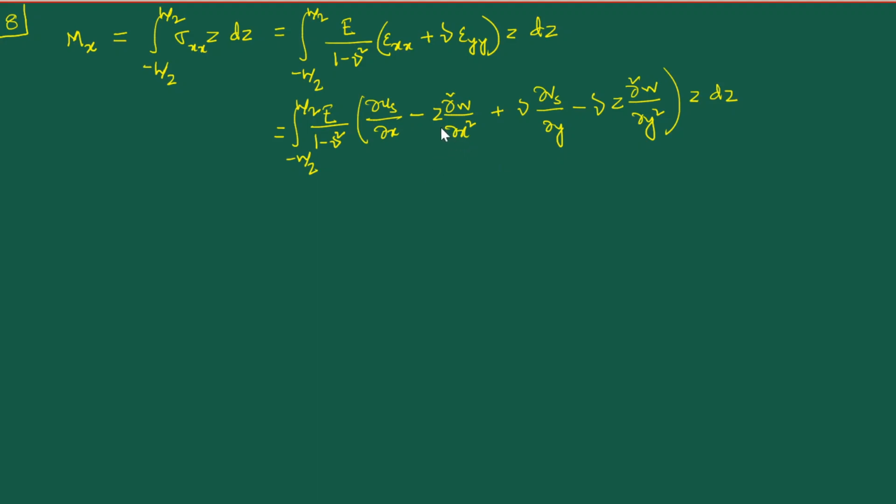These terms, however, have a z already present, so multiplied by this z it will result in a z square. Even though this w is independent of z, because of the presence of this z square over here and this z square over here, this term and this term are going to be even functions and are not going to vanish. So what we are going to end up with is this thing.